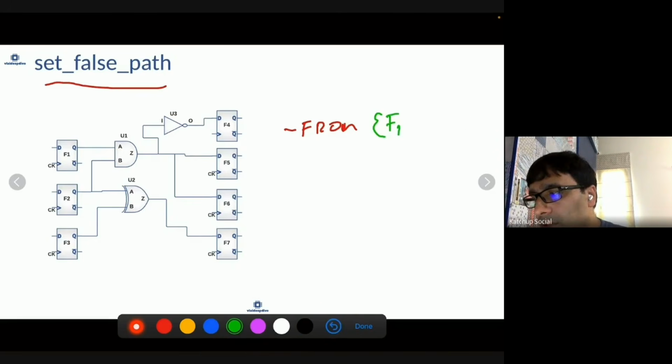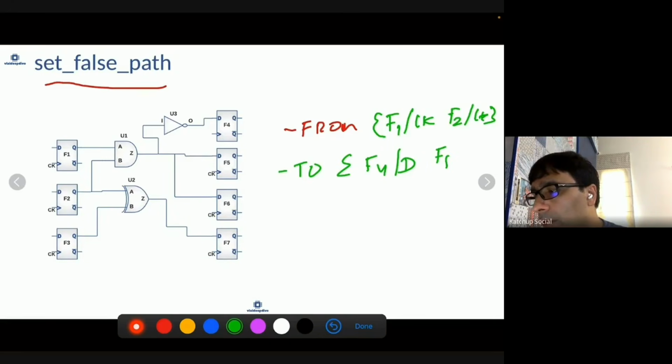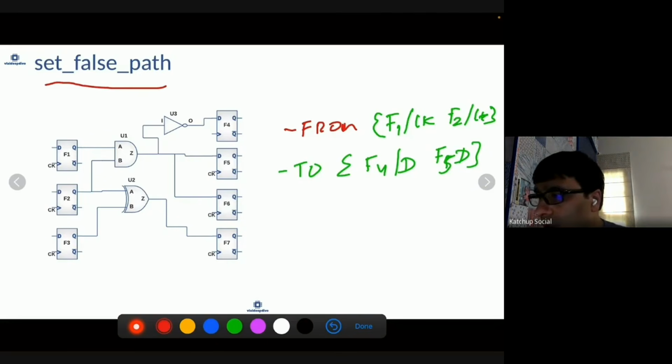So from F1CK, F2CK to F4D, F5T. What this means is the tool will do all expansions.